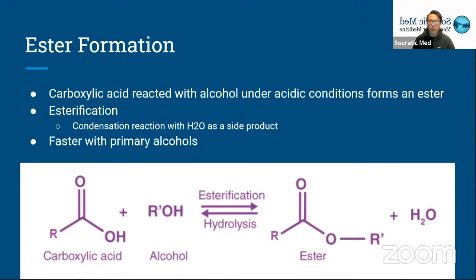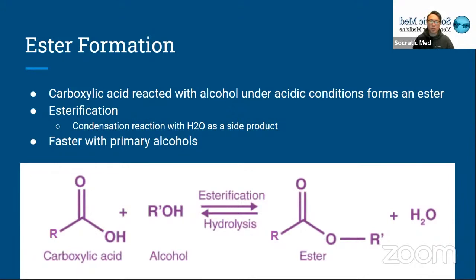You can also convert the ester group back to a carboxylic acid and alcohol through a hydrolysis reaction. That's the opposite reaction, where you use water to cut this ester group back into a carboxylic acid and an alcohol. And it makes sense that this reaction is faster with primary alcohols because there are fewer substituents attached to the carbon attached to the hydroxy group.